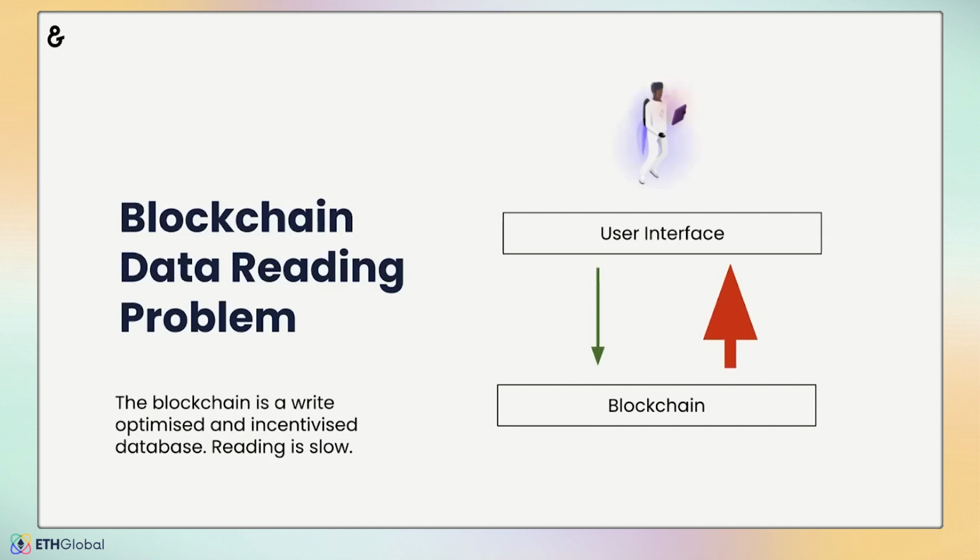So if you send a transaction to the blockchain, you pay some gas, or you have to put some gas on top of it, and the gas is consumed by the miners, or now with proof of stake by the validators. That's why you pay, and by paying for it, the whole thing works. But when you want to read from the blockchain, there's no incentivization for anybody to provide you that data per se, not in the protocol.